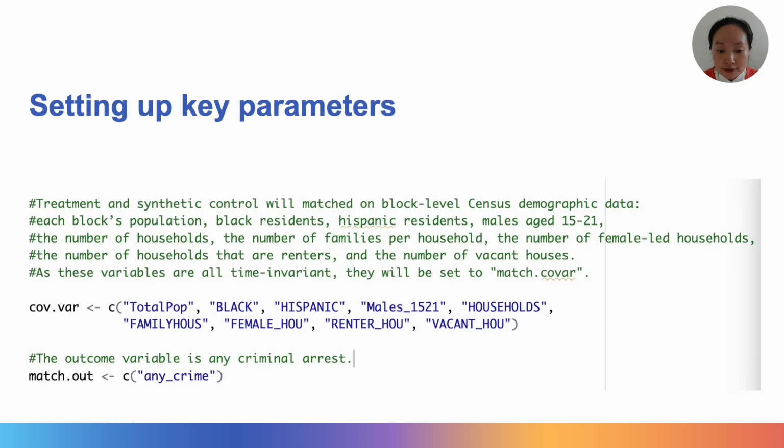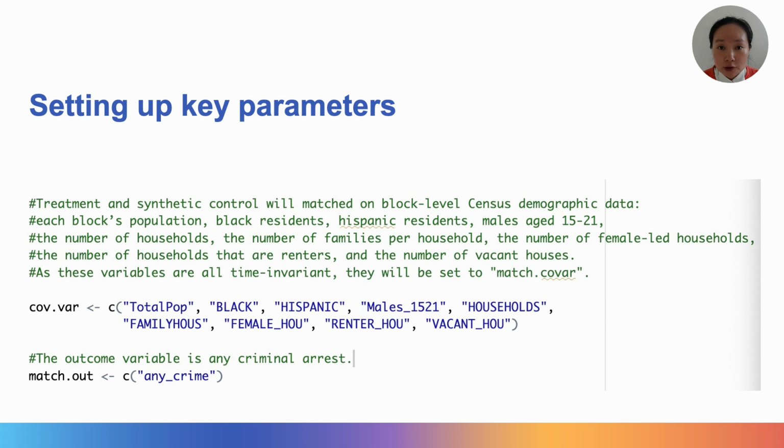At this stage, we will set up the model as having non-time-varying covariates or matching variables, such as total population, the number of Black or Hispanic population. These are all block level statistics, and remember these covariates shouldn't be time varying.